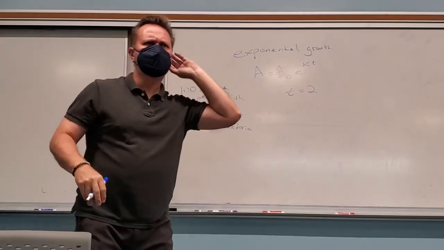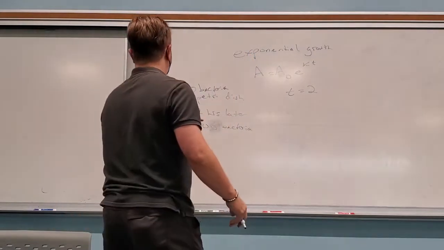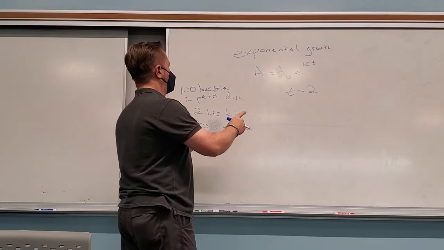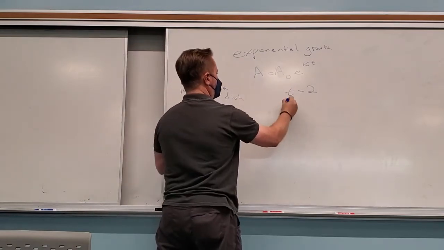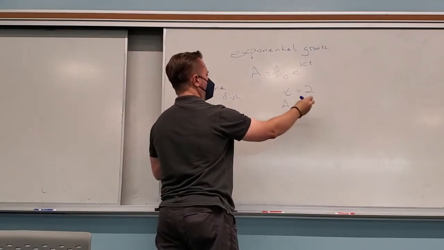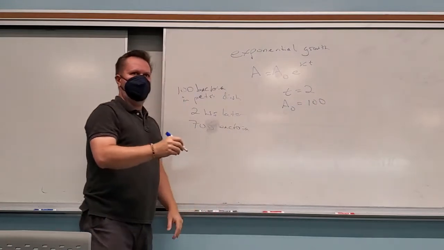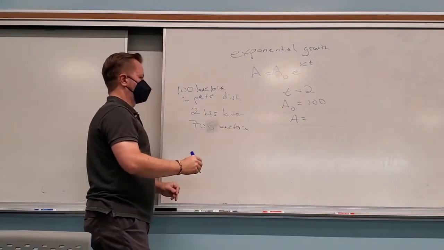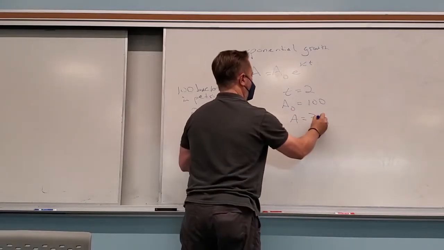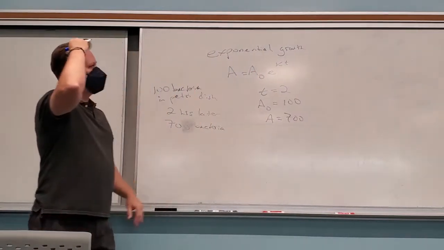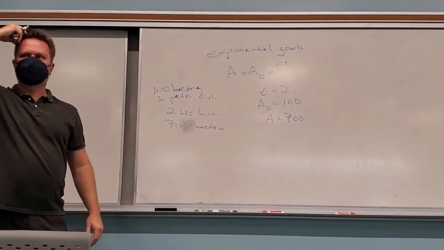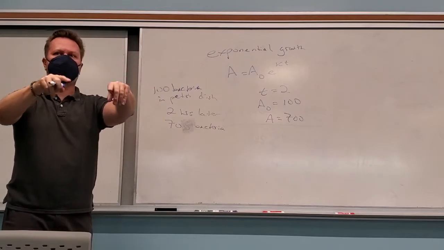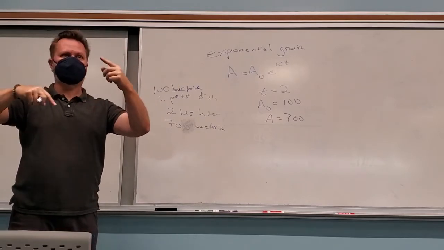A naught, that's my initial amount, is 100. And then what's my final amount? 700. So what's the letter that I don't know? k. And k, not surprisingly, is related to the growth rate.